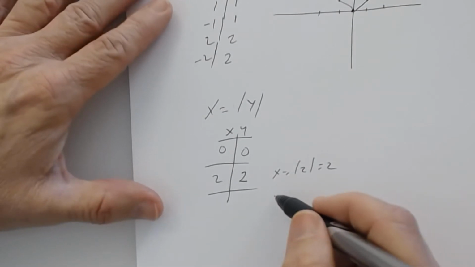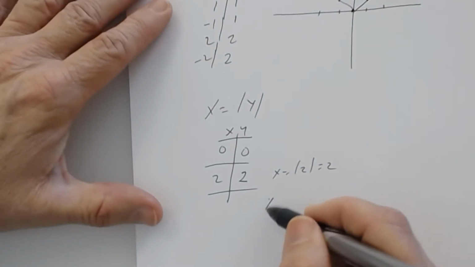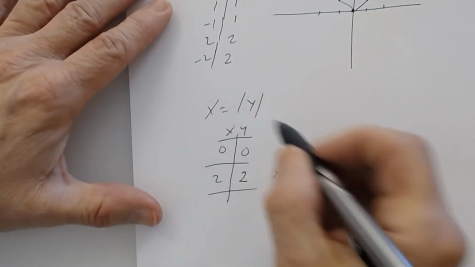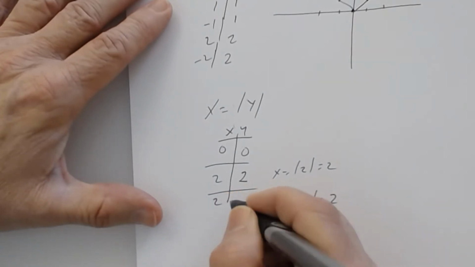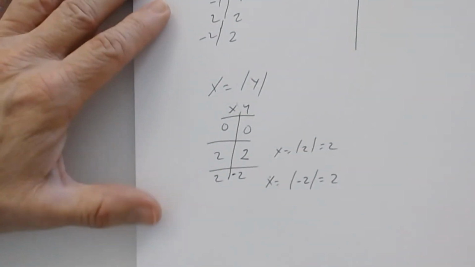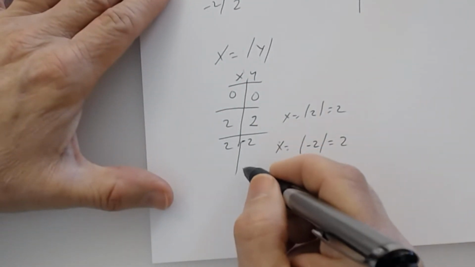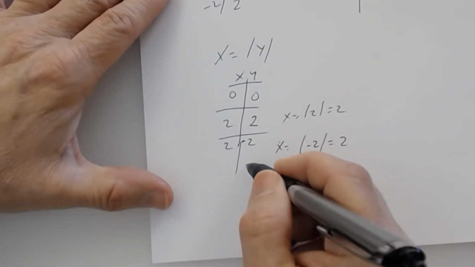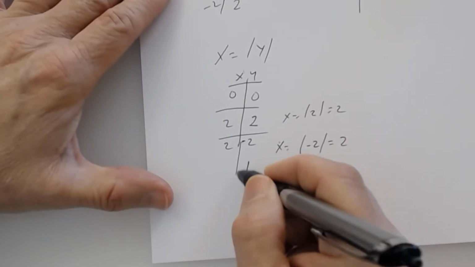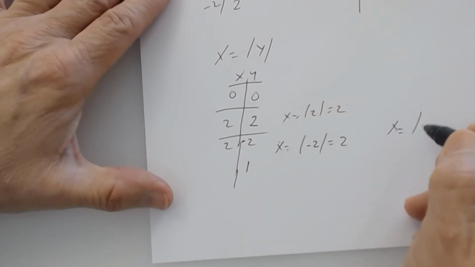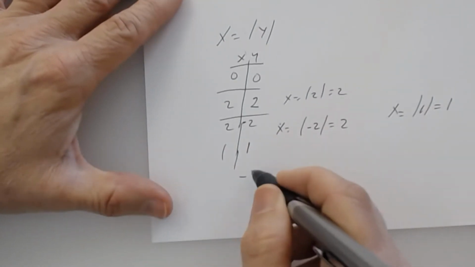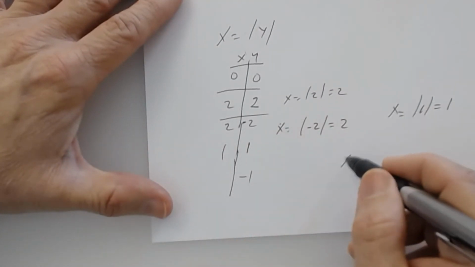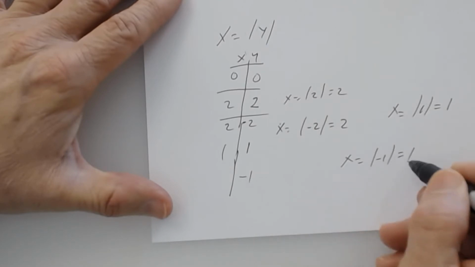If y is -2, what's the absolute value of -2? 2. If y is, let's say, 1, x is the absolute value of 1, which is what? 1. If y is -1, x equals the absolute value of -1, which is 1.